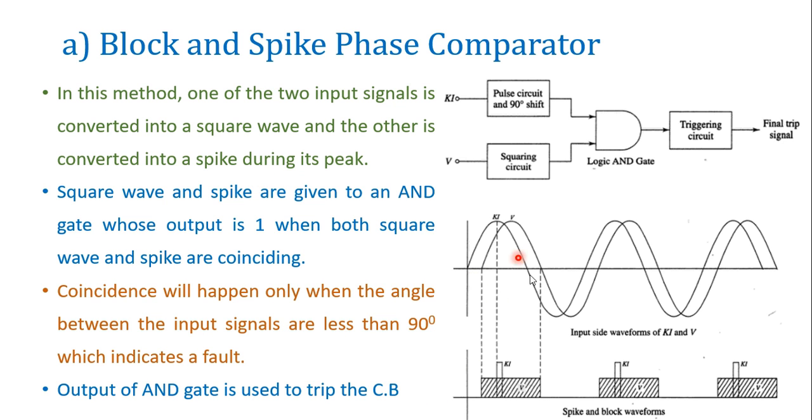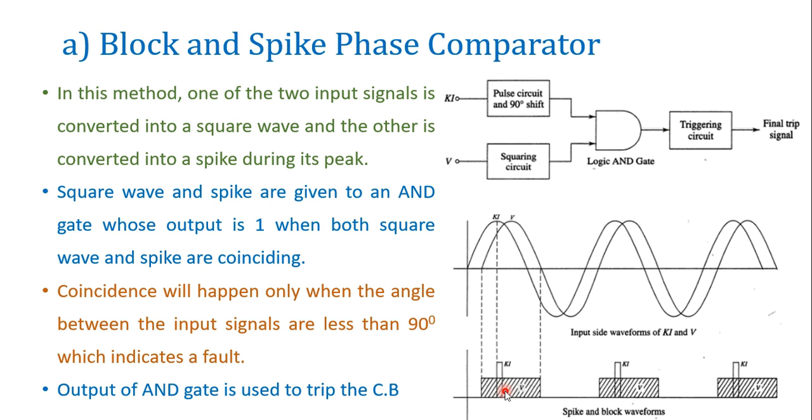So one signal is converted into a rectangular pulse and the other is converted to a spike at its peak point, at 90 degrees. The voltage signal is converted into a square wave, and these two signals are given to an AND logic gate.